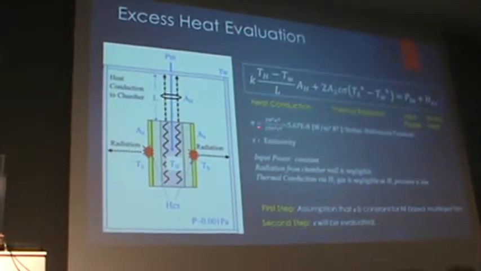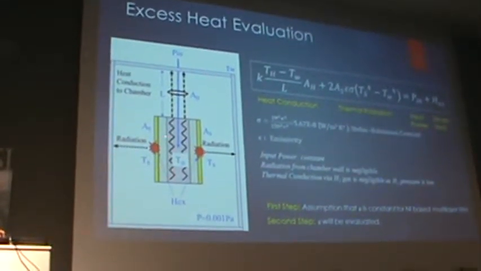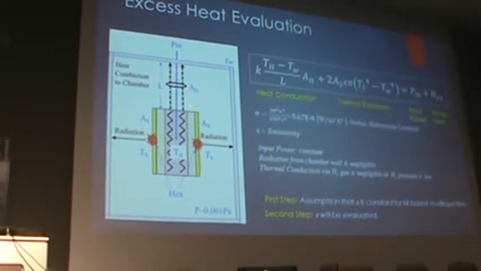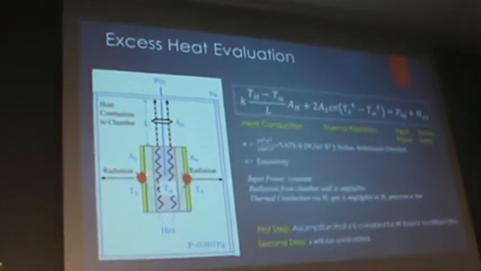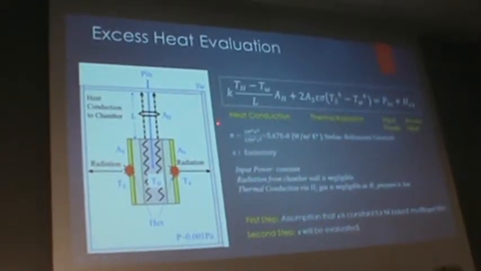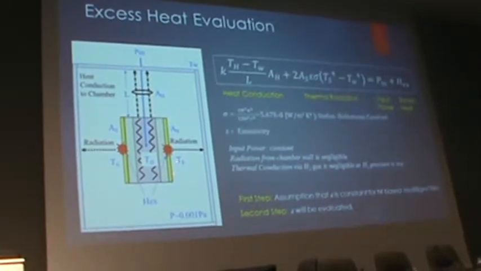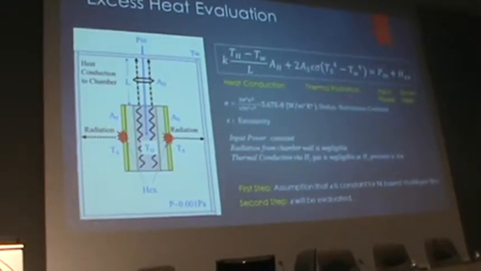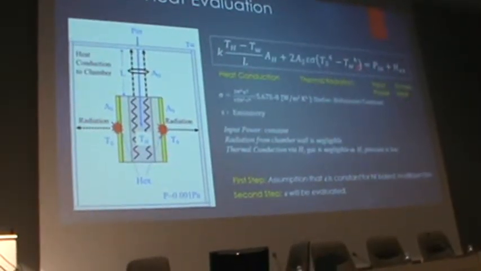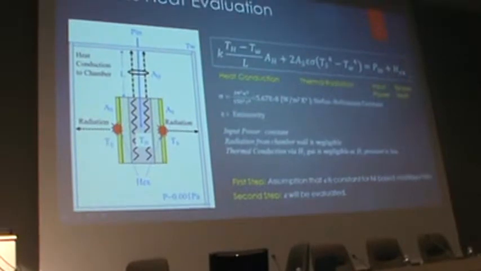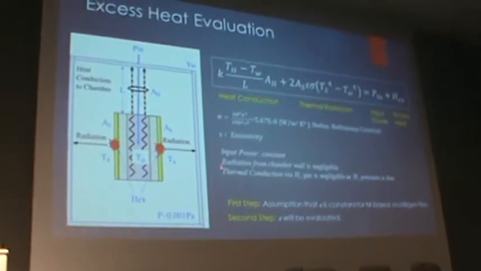Heat conduction from the nanomaterial component to the vacuum chamber, and thermal radiation from the surface of the sample to the chamber. Okay, and these two are equal to the input power plus the excess energy, if we have any.